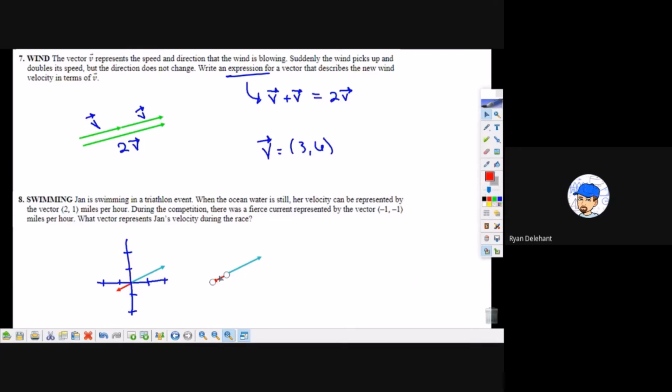This vector, if we wanted to put it together with hers, really needs to go right on the end of where hers is, and it's pushing her backwards. Meaning that instead of making it all the way to the end of the blue arrow, you've got to take away that space that she has here, where she ends up.